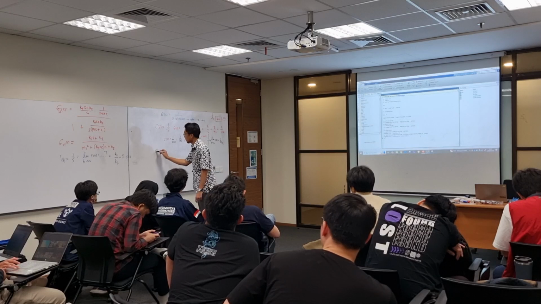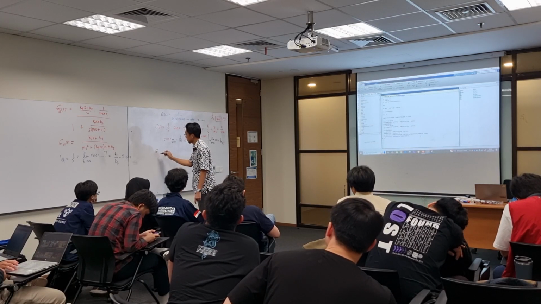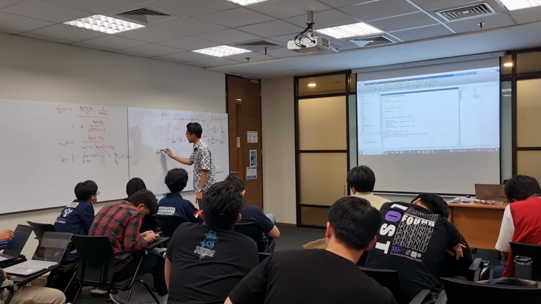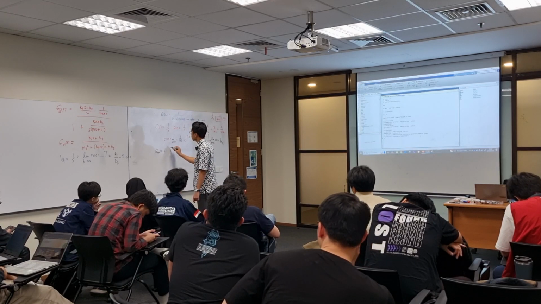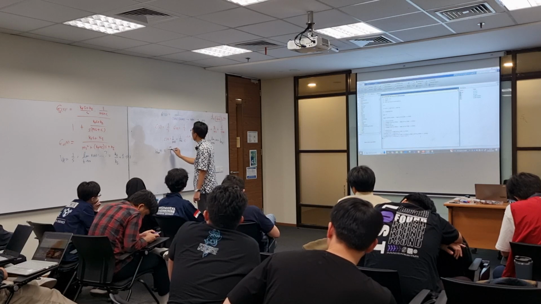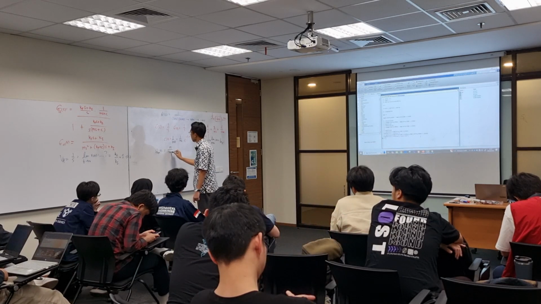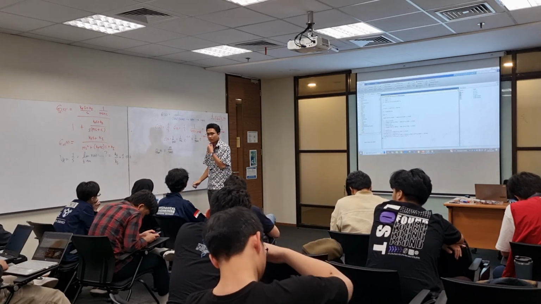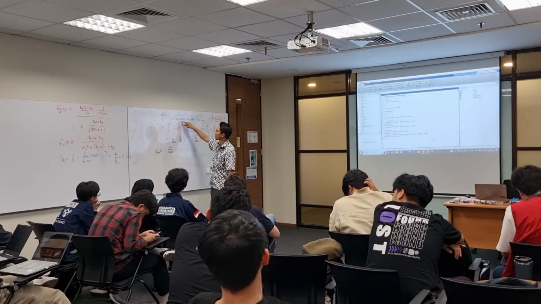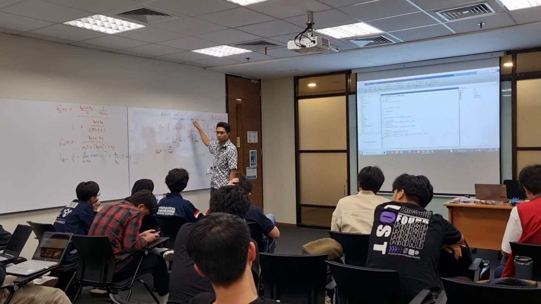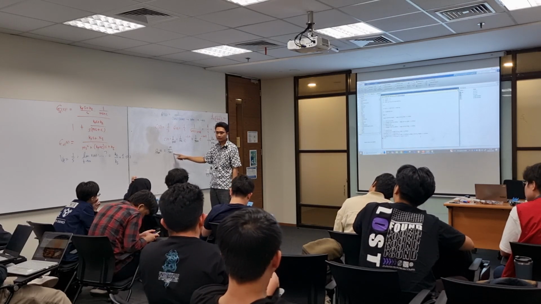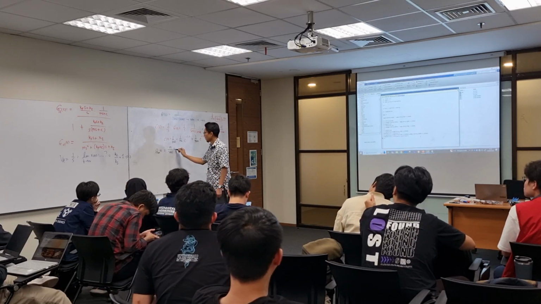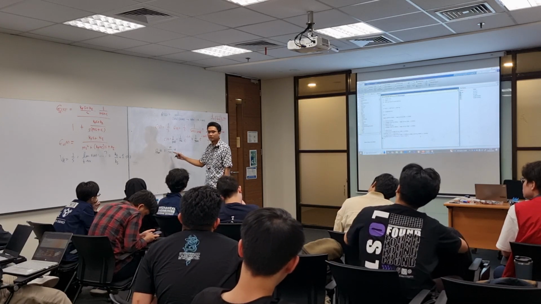So I will create another GS, G new of S, which is, let's say, M over S plus 2. I will put an M in here. I'll remove the S plus 100. I will have only the S plus 2. And now what is the final value if I have this one?